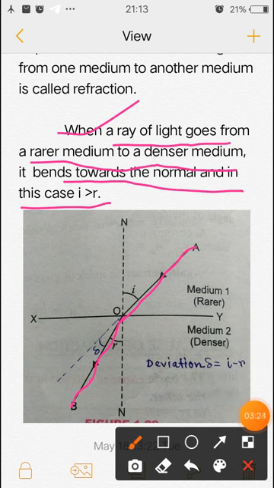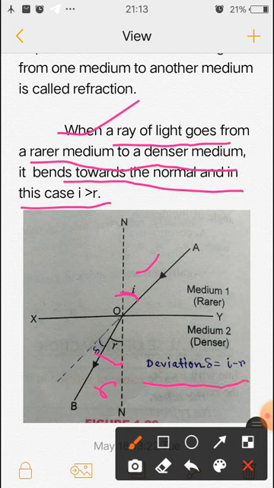And this is the angle of incidence i, and this is the angle of refraction r. So the deviation is i minus r.